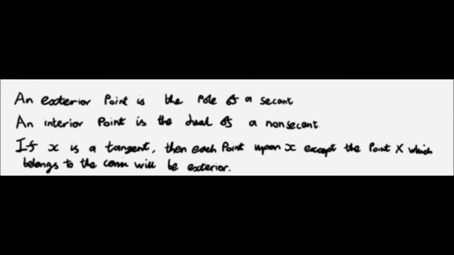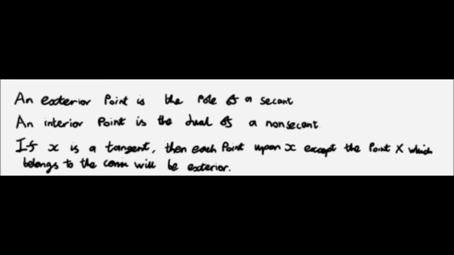Okay, so there's a fairly rich theory behind all this stuff. For example, hopefully you can convince yourself that every exterior point is going to be the pole of a secant, and every interior point is going to be the pole of a non-secant line.